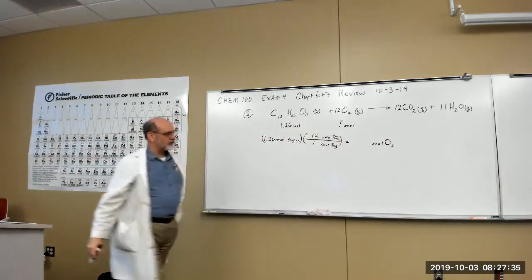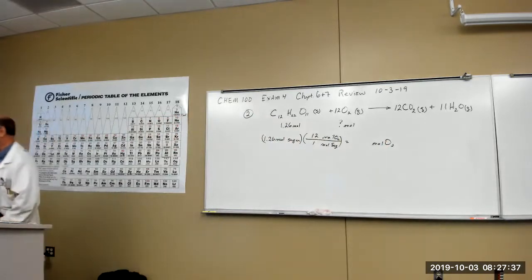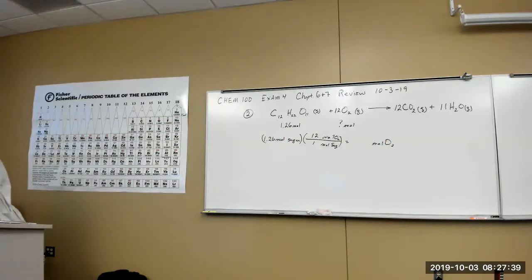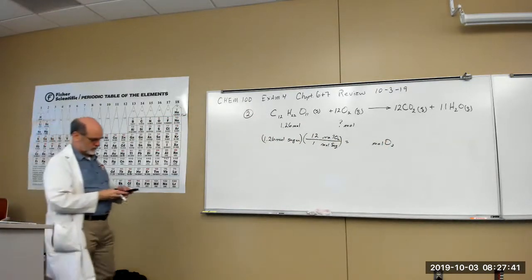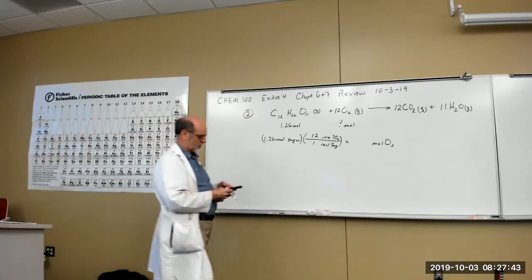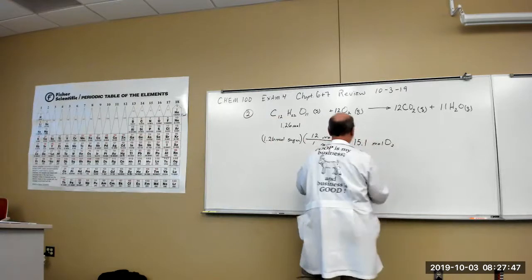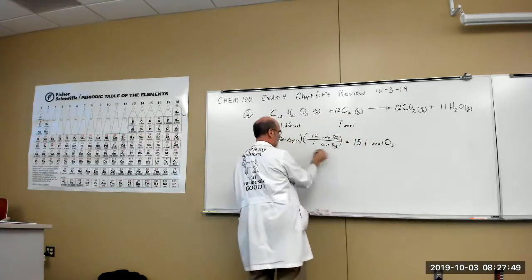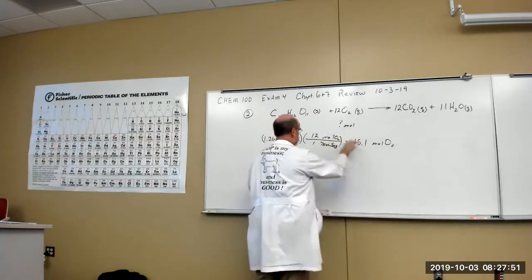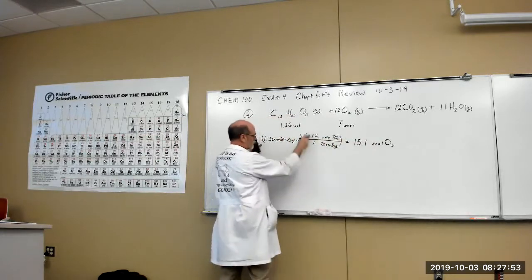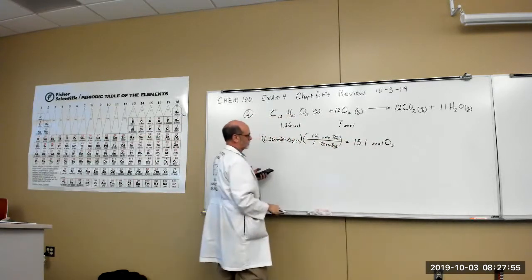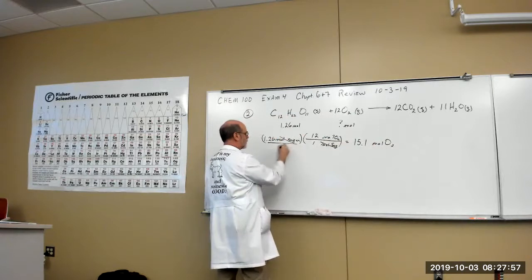So 1.26 times 12 will give us our answer. So I get 15.1. Okay, that one cancels there, leaves us with this one. Then all you have to do is say this one times that one equals that. Right, because this is in the numerator.